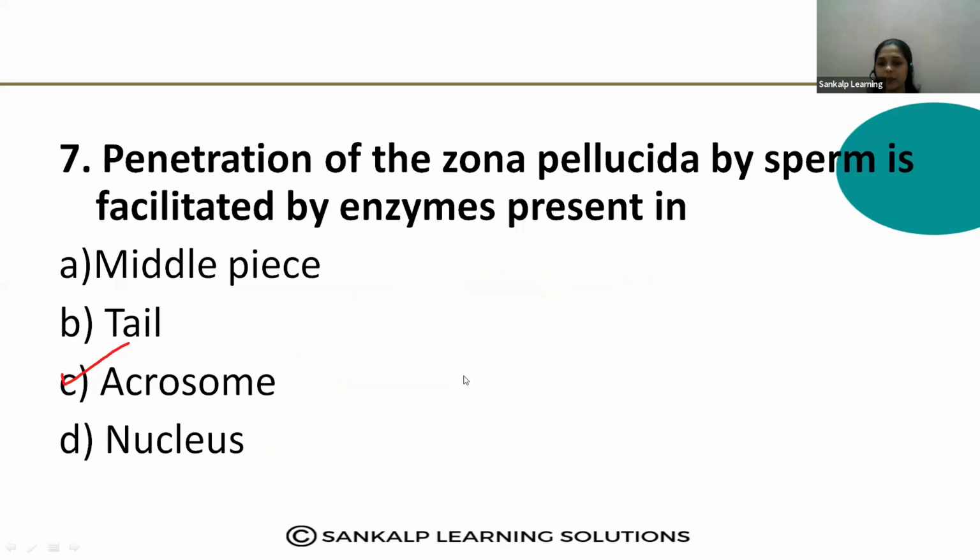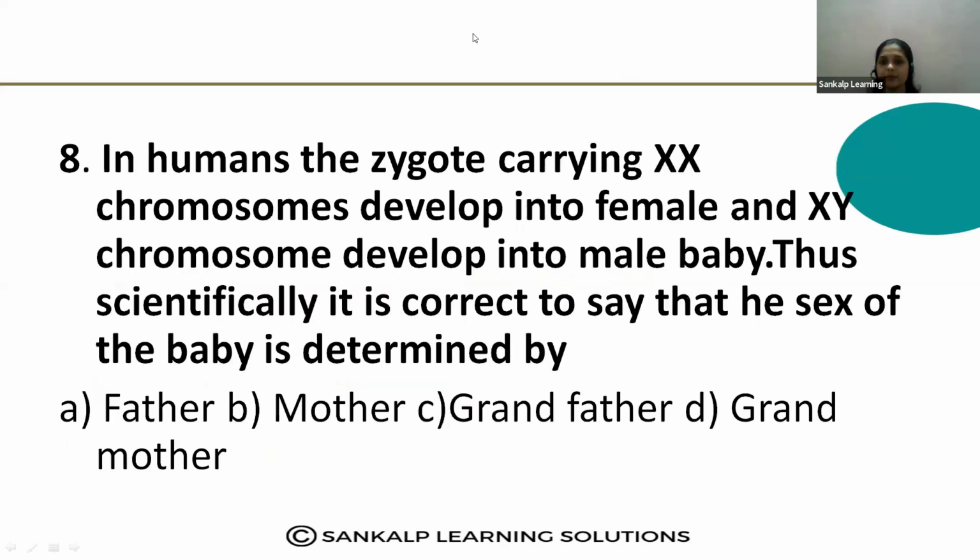Eighth question. Read the question properly. In humans, the zygote carrying XX chromosomes develops into female and XY chromosomes develops into male baby. Yes, XX chromosomes zygote will develop into female and XY chromosome will develop into male baby.